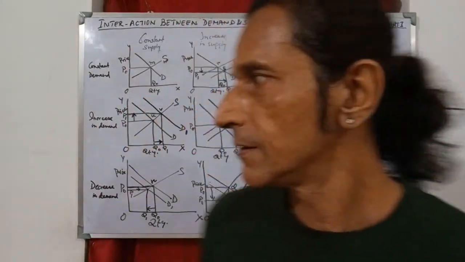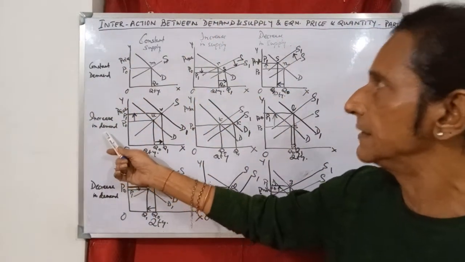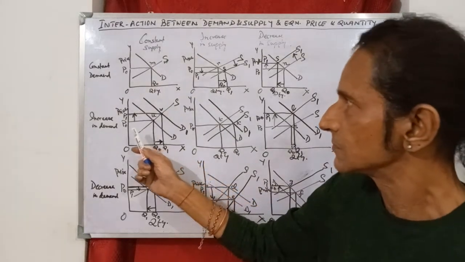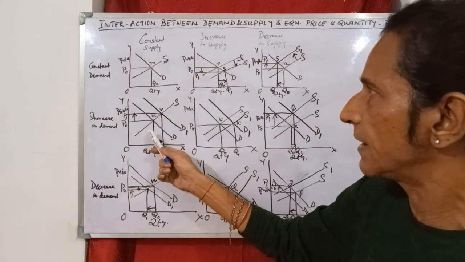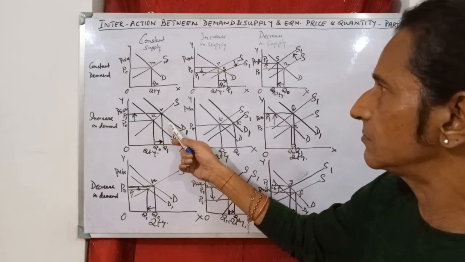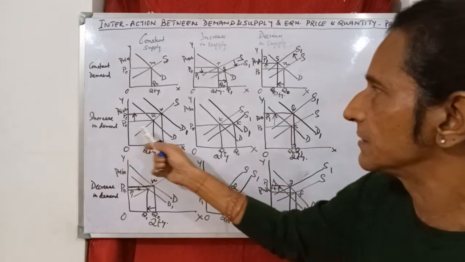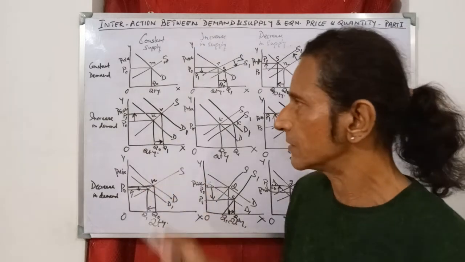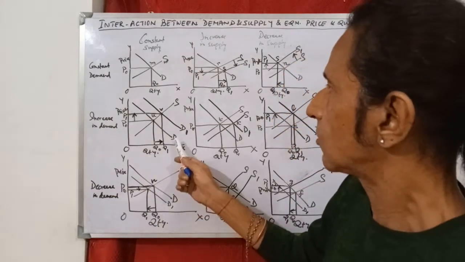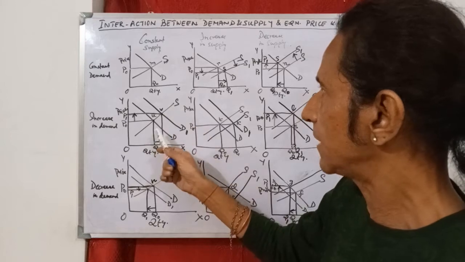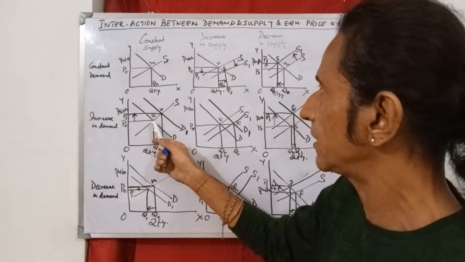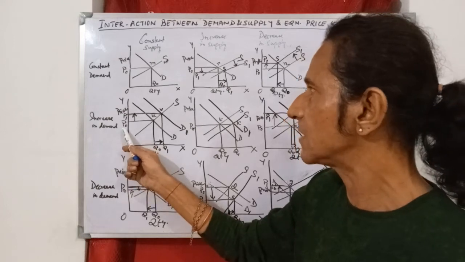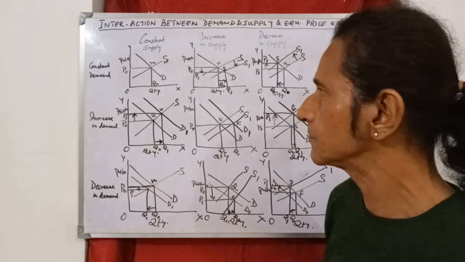Okay. And here increase in demand and constant supply. The supply curve remains as it is and the demand curve shifts parallelly rightward, because increase in demand means the demand curve would shift parallelly rightward or upward. So original demand curve D and supply curve S intersect at point U. So equilibrium price and quantity are OP sub O and OQ sub O respectively.